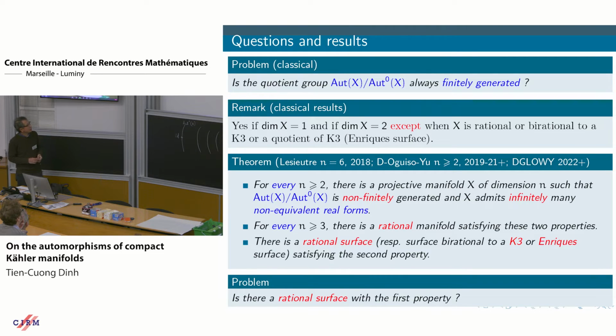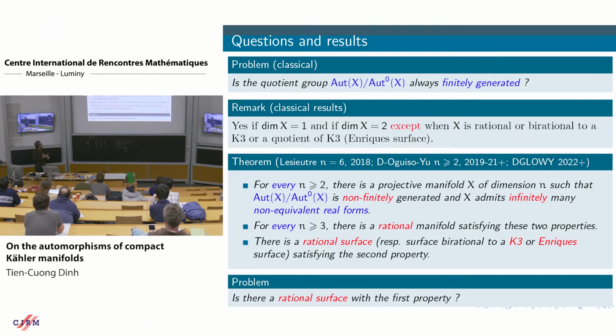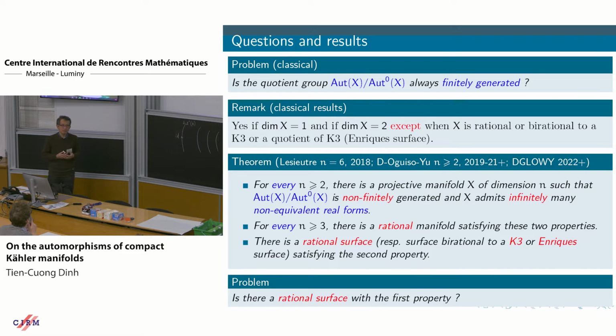And moreover, a very related question: X admits infinitely many non-equivalent real forms. For the second statement, roughly speaking, when you have a real algebraic manifold, you can complexify it and get a complex projective manifold. But given a complex projective manifold, maybe you have different ways to complexify a real manifold to get the given complex one.